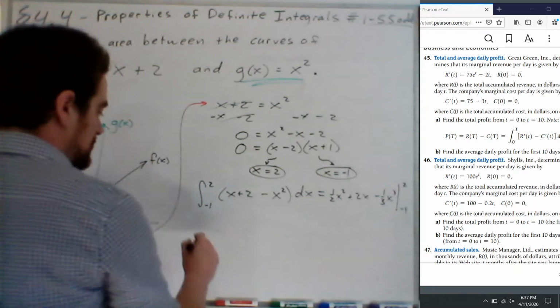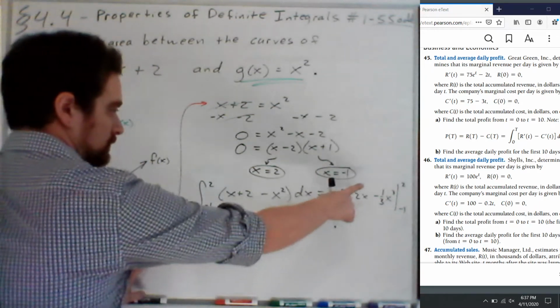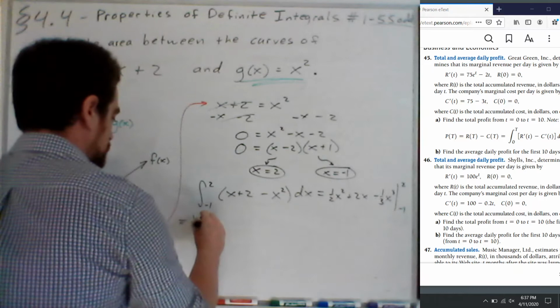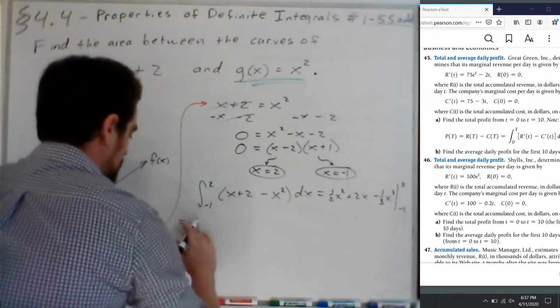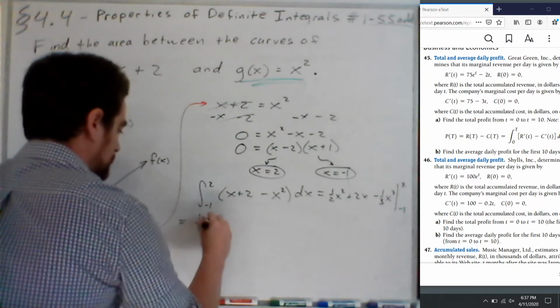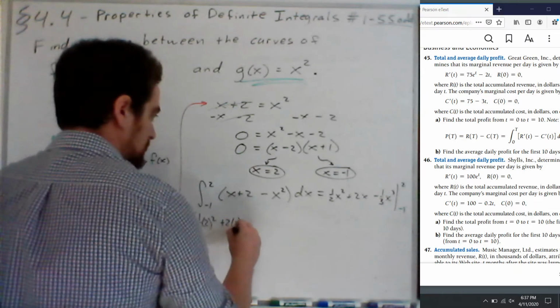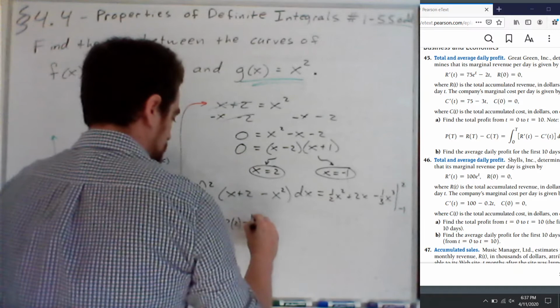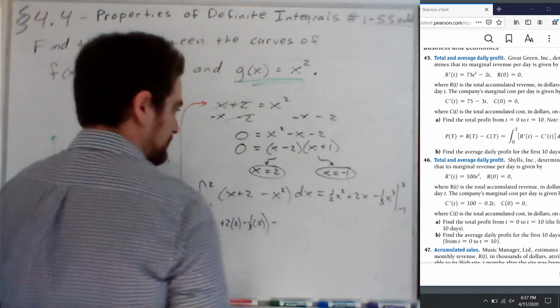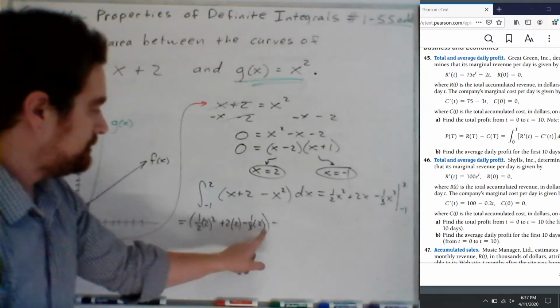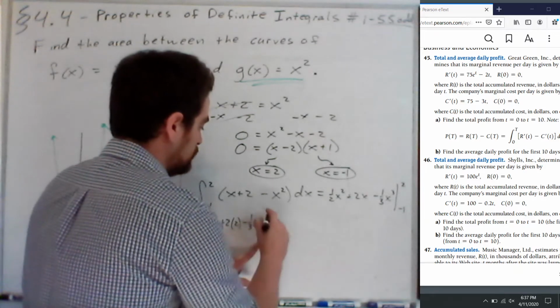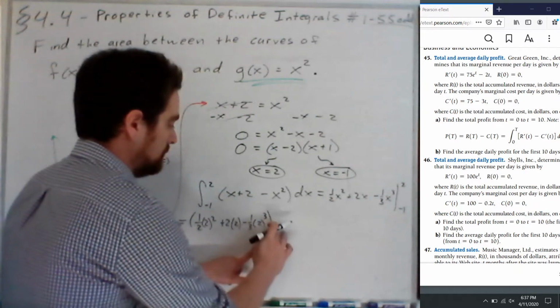So again, we plug in the upper value, which will be 1/2 2 squared. Lots of 2's flying around there. Plus 2 times 2 minus 1/3 times 2. So there's my upper bound, minus 1/3 2 cubed. Let's not forget that cube.